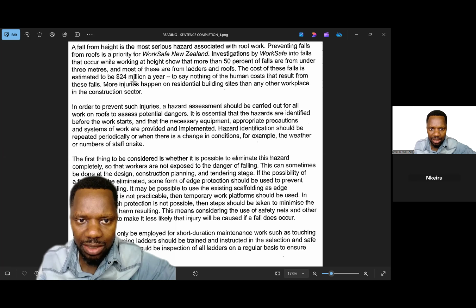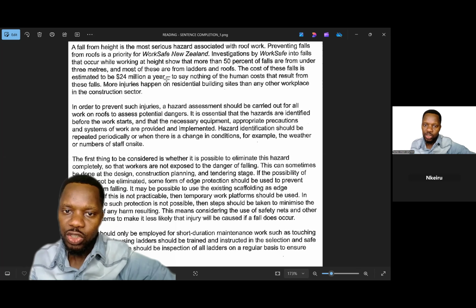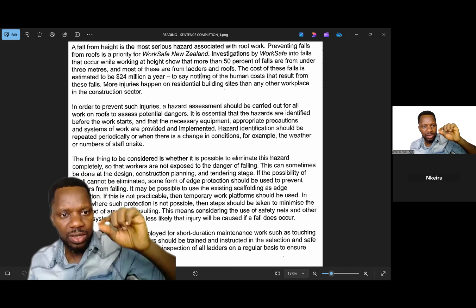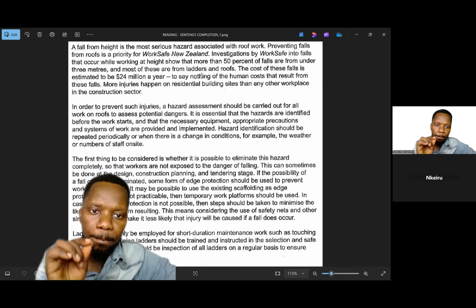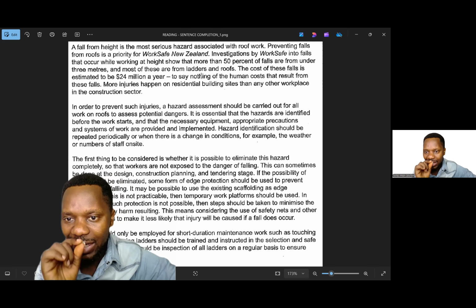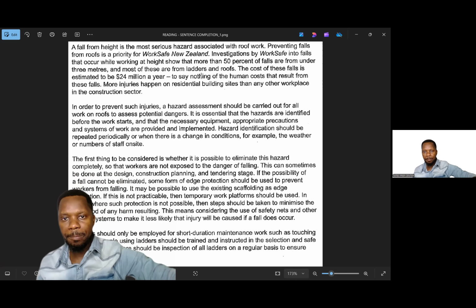So here it says, the cost of these falls is estimated to be $24 million a year. We saw that as one of the bullet points. To say nothing of the human cost that results from these falls. More injuries happen on residential building sites than any other workplace in the construction sector.